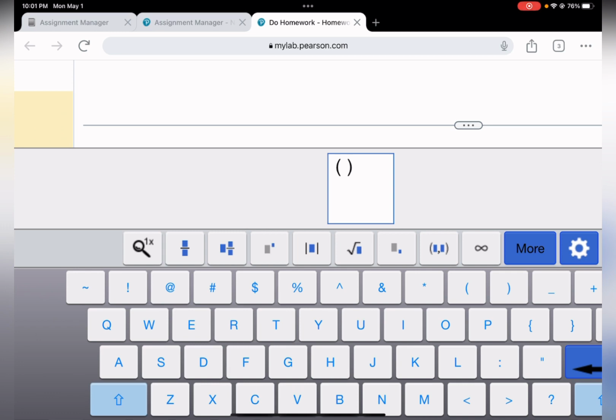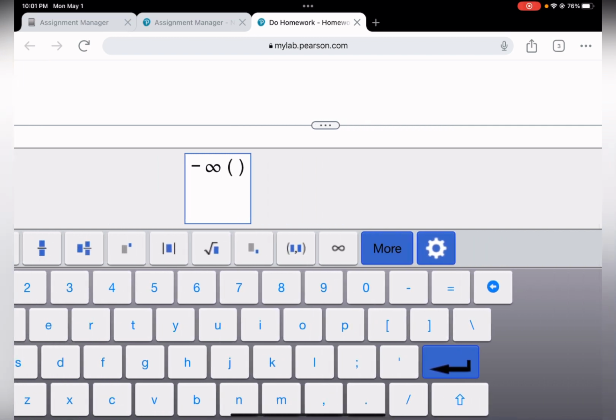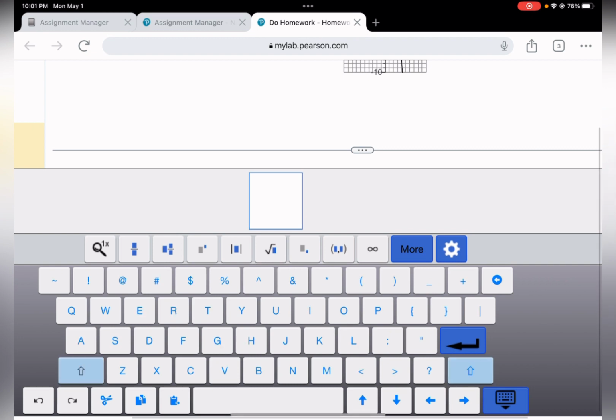It's going to be from negative infinity, comma 1.